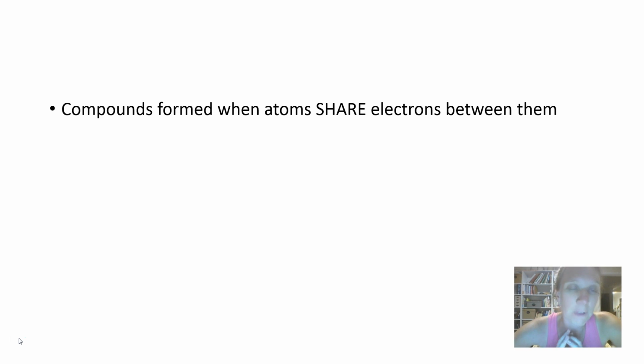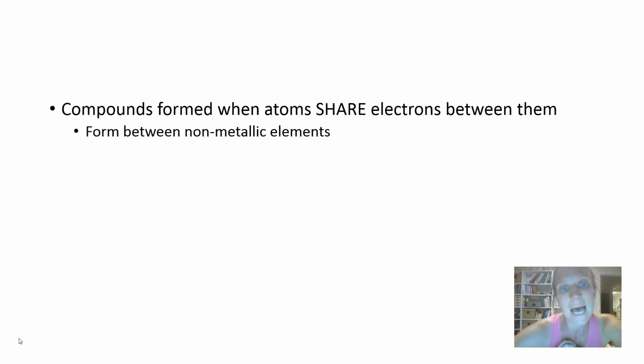So covalent compounds form when atoms share the electrons between them. So two different atoms are sharing the electrons. That means that covalent compounds need to form between two or more non-metallic elements, because they need to be in a position where they all want to gain electrons and nobody gives them away, so ions don't form.